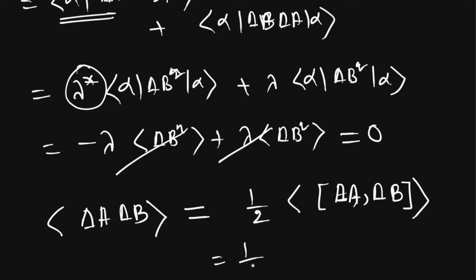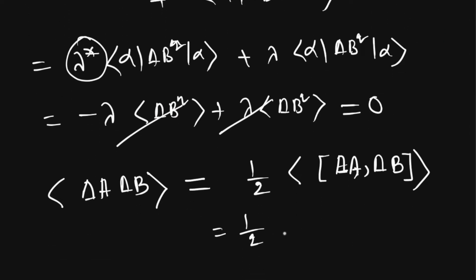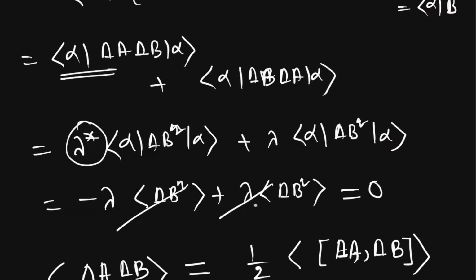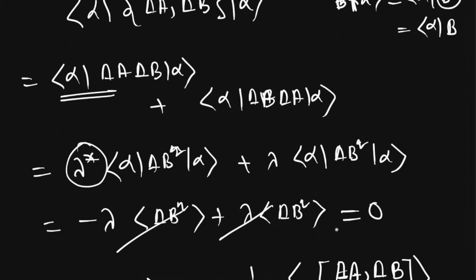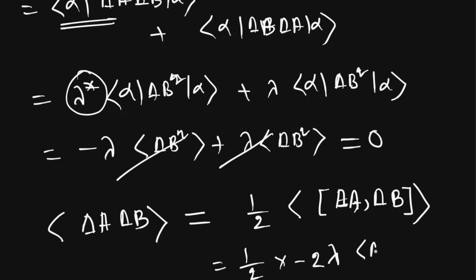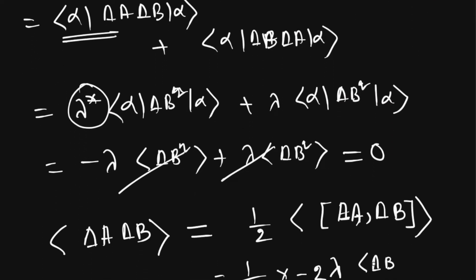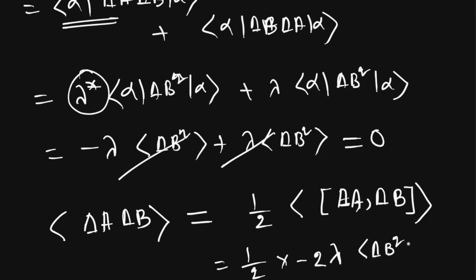Its value is half into minus 2 lambda delta B its square.